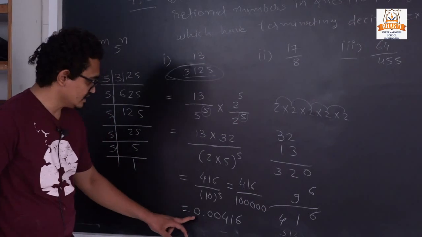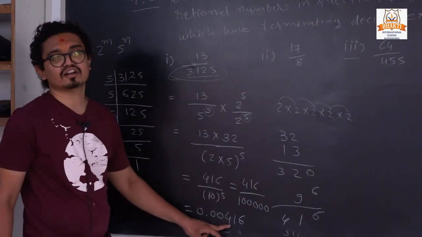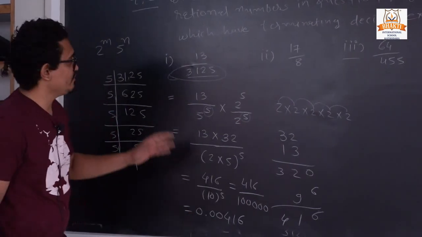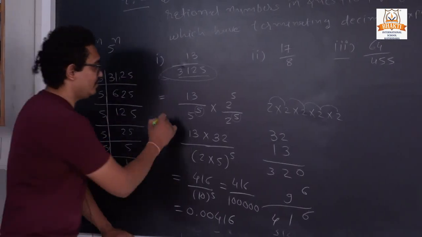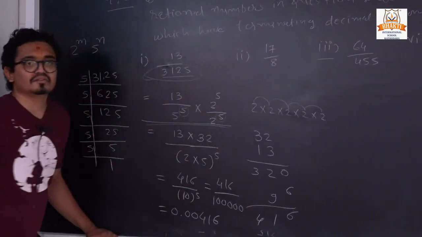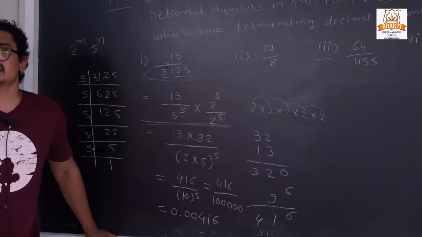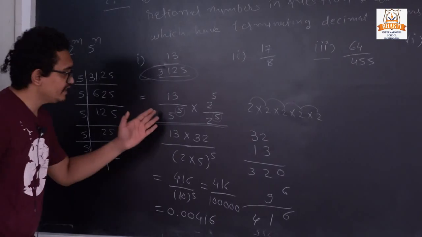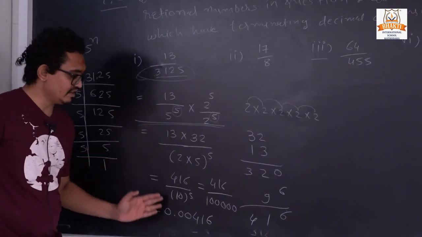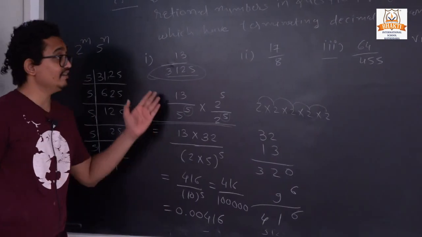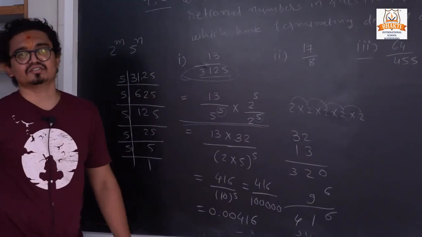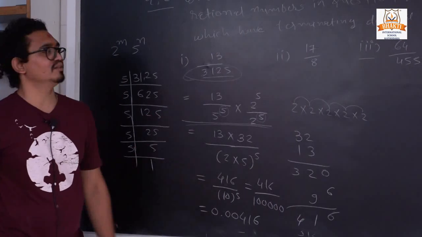So the answer is 0.00416. From that example, first of all we conclude whether it is terminating or non-terminating, and if it is terminating, we can convert it into the decimal form. But if it is not a terminating form, we cannot convert it into the decimal form.